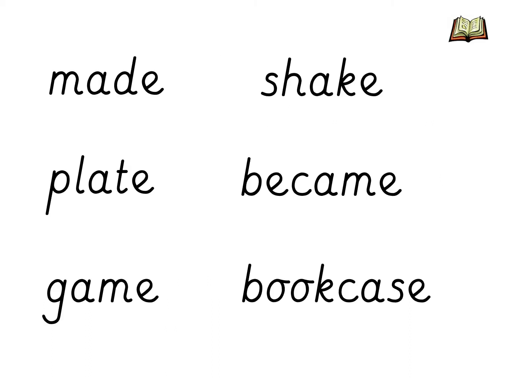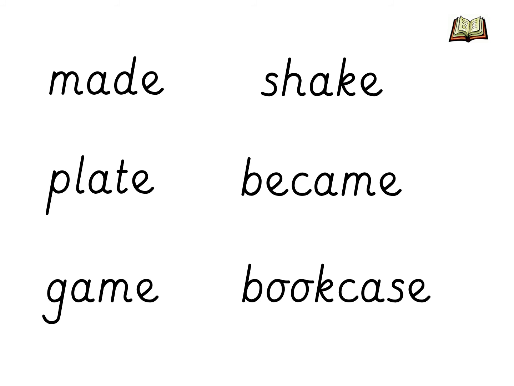We are going to practice reading some words with the A split digraph in them. But before we do, I just want you to notice, can you see the E in each of these words is at the end of the word? It gives us quite a big clue that there might be a split digraph in these words.